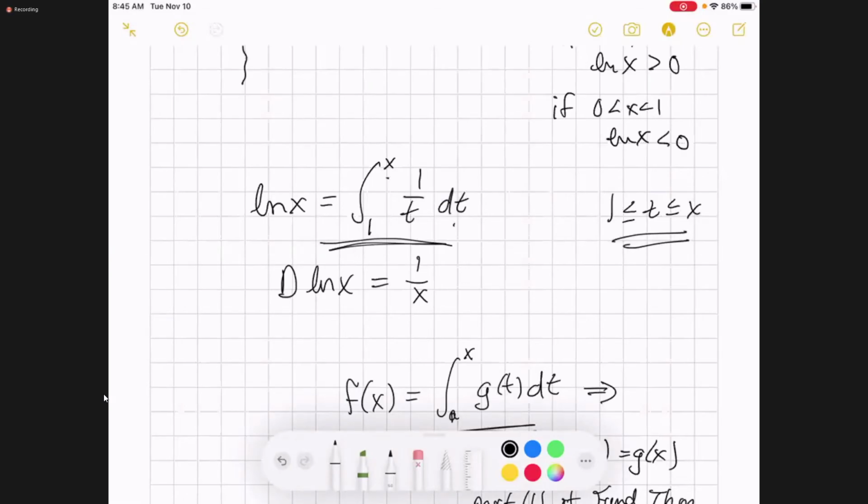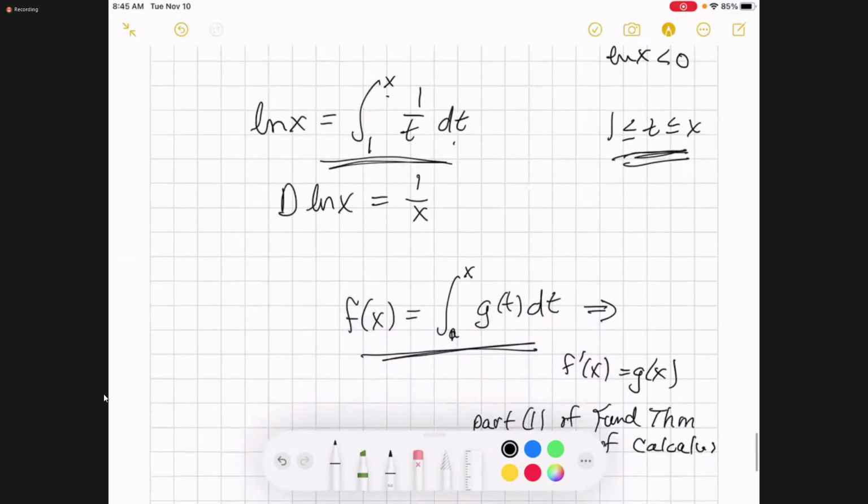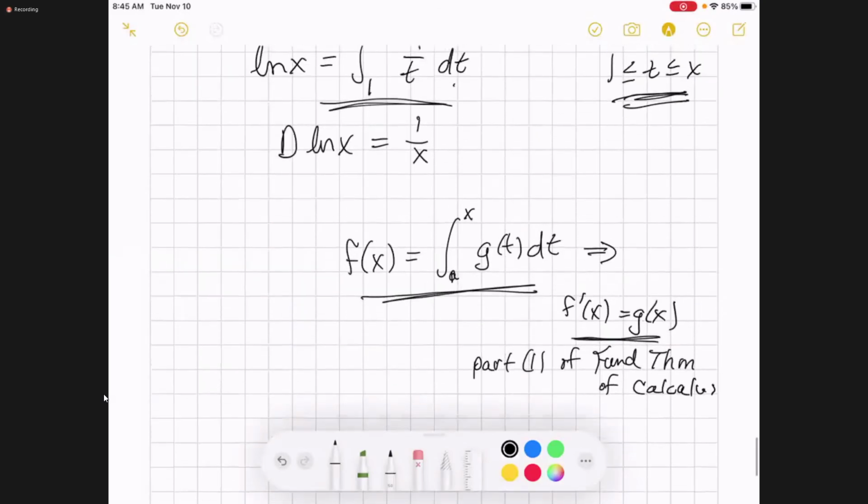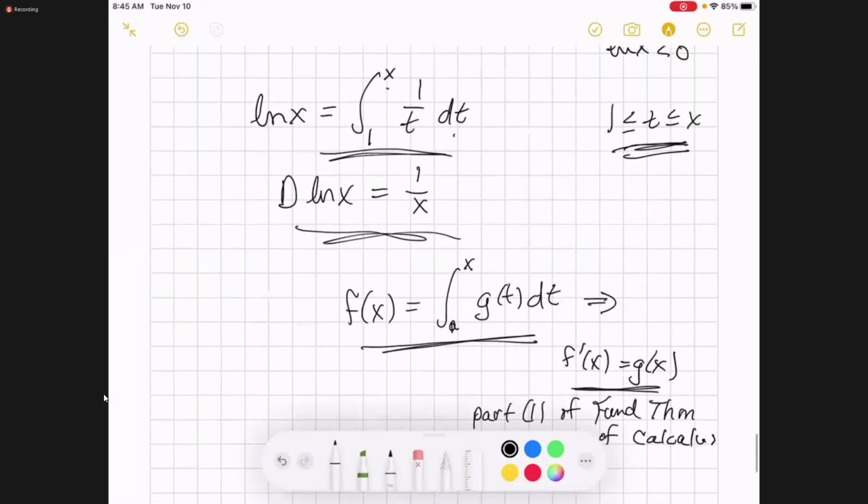It can't be the letter after d, because then it would represent two things. t is trying to represent all the numbers between 1 and x. 1 and x are endpoints of that interval, and of course, as x changes, so does the interval. But the fundamental theorem of calculus says that the derivative of ln of x is just 1 over x.